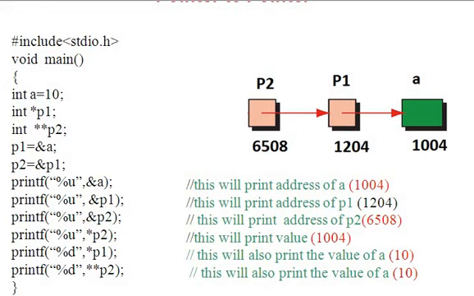So P1 means you get address of A, and you add one more printf P2. So look at the last printf statement, *P2. P2 is pointer to pointer variable and holds address of P1, and the value of P1 is 10, and now here 10 will be printed.